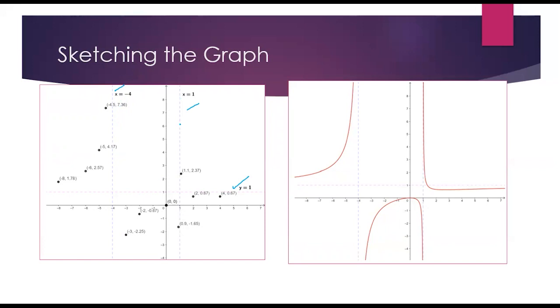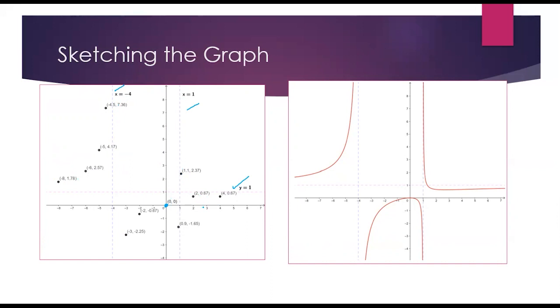So that is the behavior of the curve when we have these asymptotes. And then you're going to plot now the points. Remember, we have the x and y intercepts at the origin, and then these are the points that we obtained when we considered additional points.